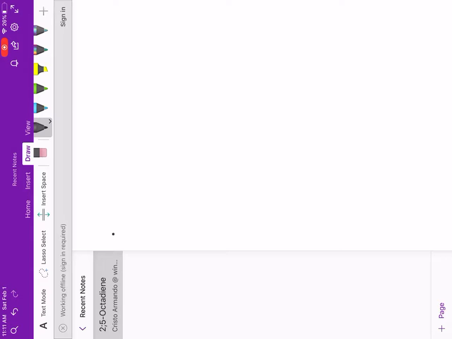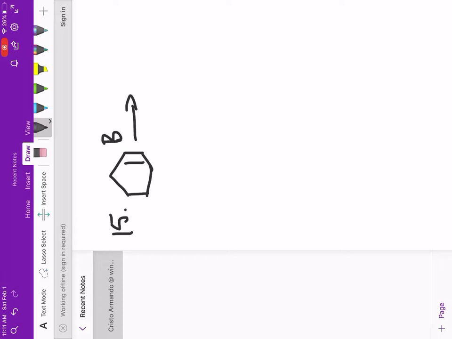So we have reaction number 15. Have this ring right here. And we have Br2 with heat. So let's start off from a reaction that is very similar without the heat.